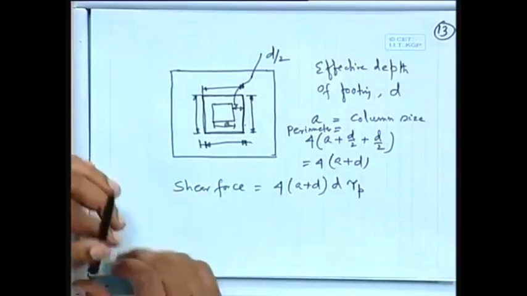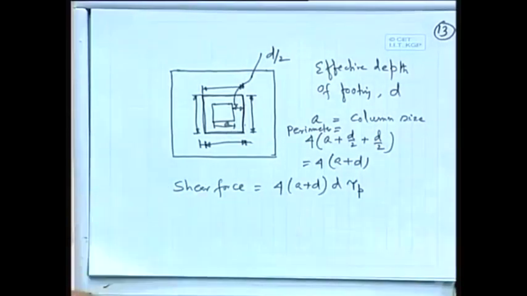So that means you have to design the thickness of the footing. We are having 3 cases. One case is bending, another case is shear, having 2 types. One is called one-way shear, another one is called punching shear or two-way shear. On the basis of that only we can provide the thickness.